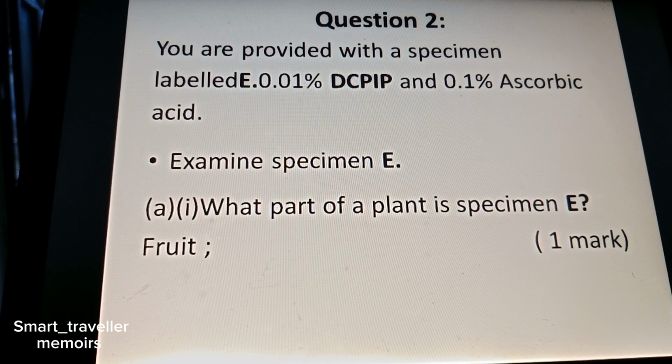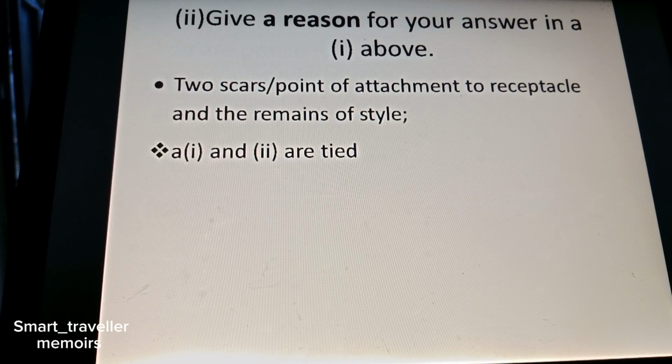The answer was fruit. Give a reason for your answer. It is a fruit because it has 2 scars. Or if you don't remember that, you can say it has a point of attachment to the receptacle and the remains of the style. A1 is tied to A2.